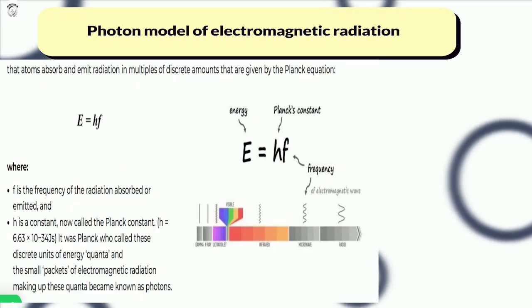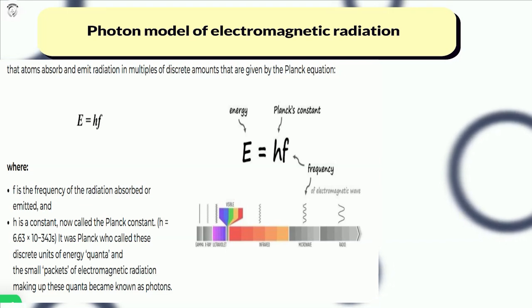Then comes the photon model of electromagnetic radiation. It says that an atom absorbs and emits radiation in discrete amounts. And there is a typical equation for this, called Planck's equation, which says E is equal to hf. E stands for energy, h stands for Planck's constant, and f stands for the frequency.